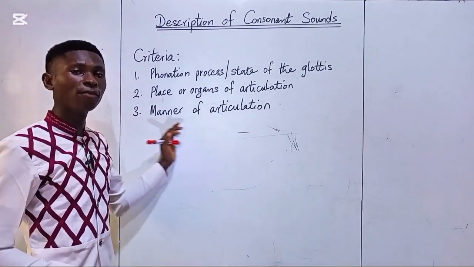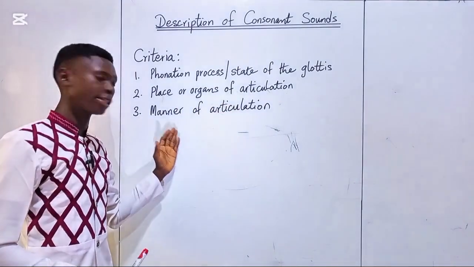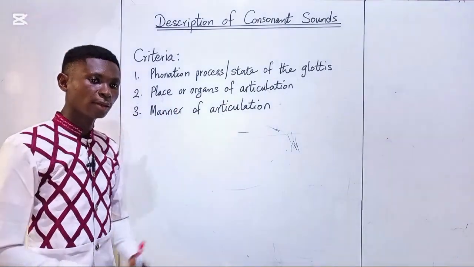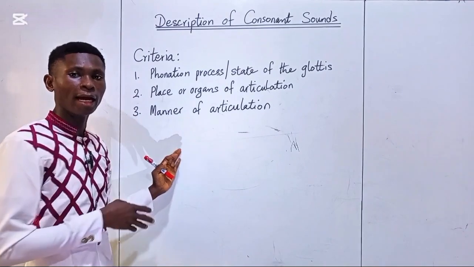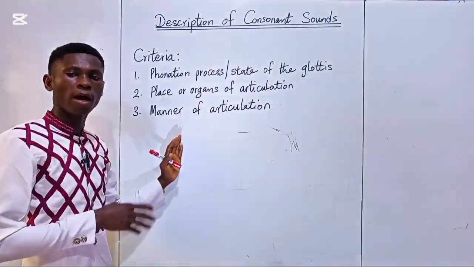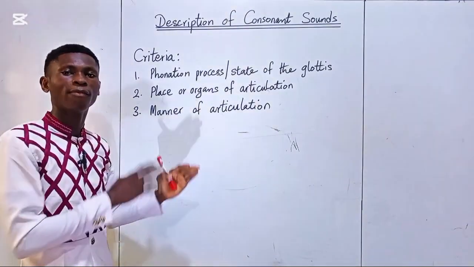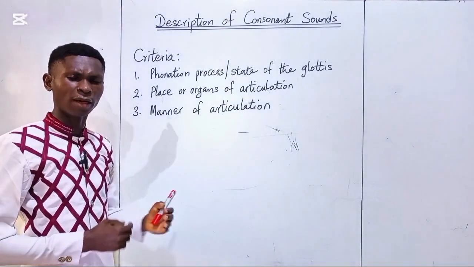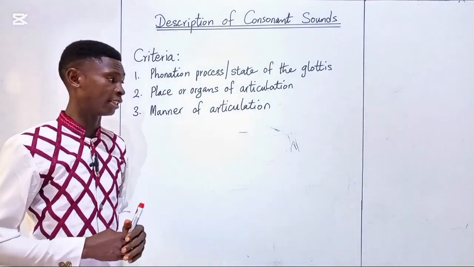So we have different descriptions for consonant sounds when we consider the manner of articulation. We can have a sound described as plosive, we can have affricates, fricatives, nasal, liquid, and semivowels. We are going to look into them one after the other and you get to understand.